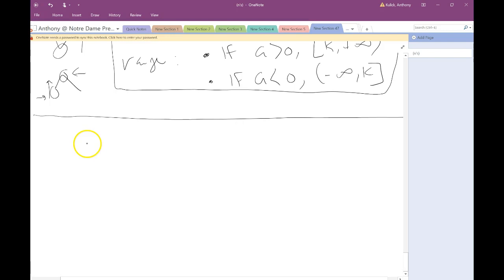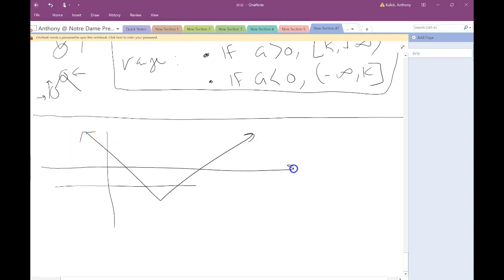Sure. So let's say that we have this thing, and it's a less than inequality. So we have absolute value less than a number. Okay with that, Riley? Sure.